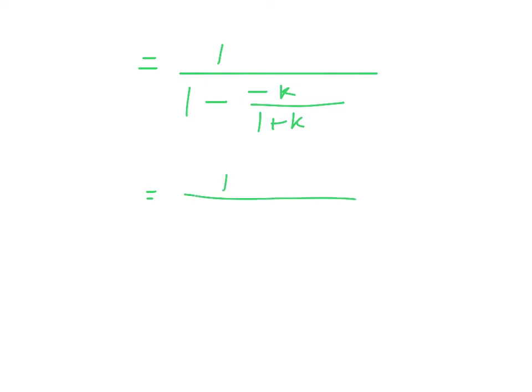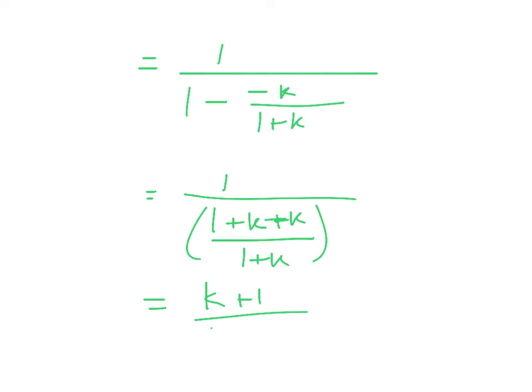So this equals 1 over 1 minus negative k over 1 plus k, which equals 1 over 1 plus k over 1 plus k. So my final answer is k plus 1 over 2k plus 1.